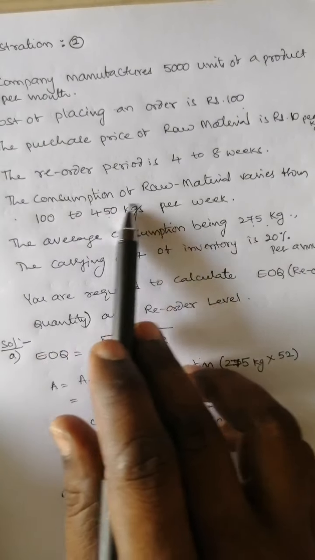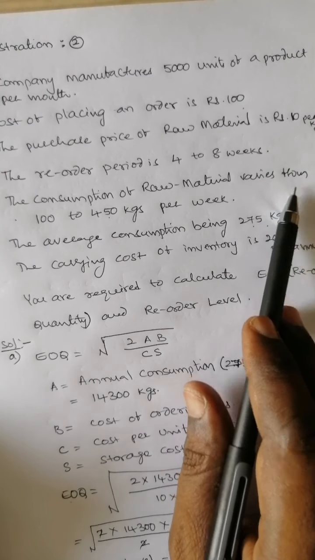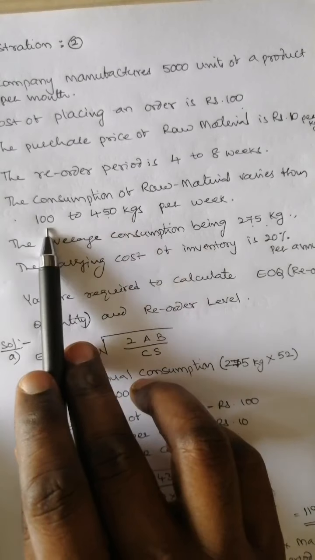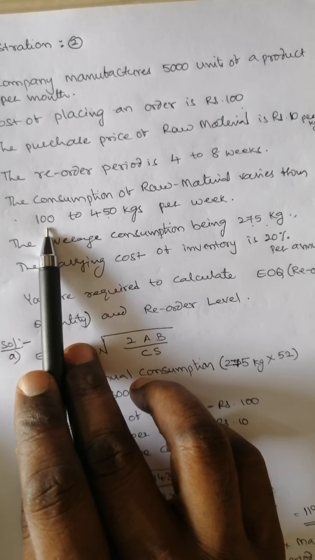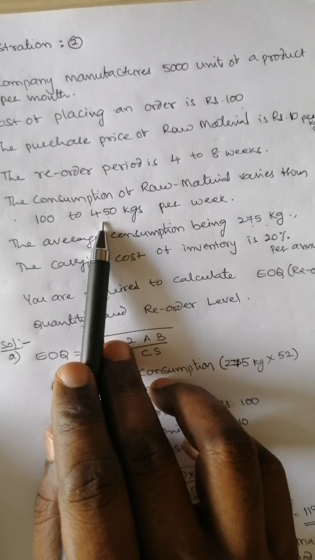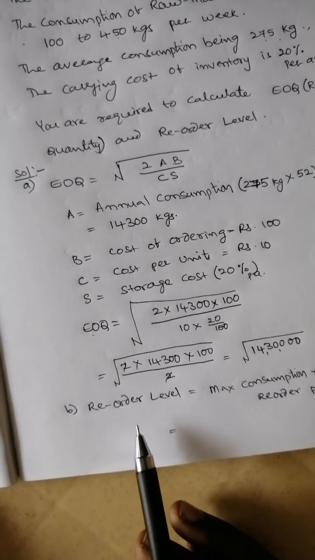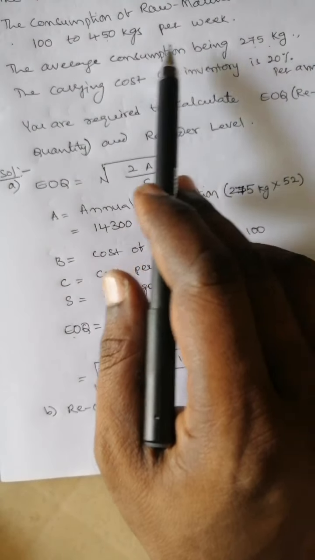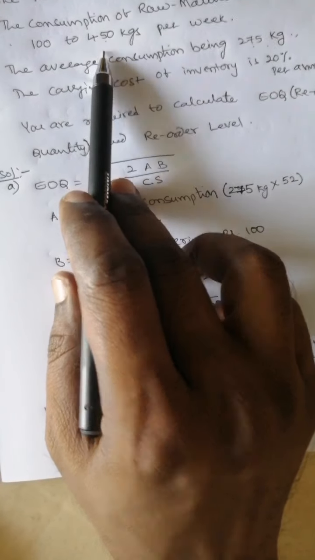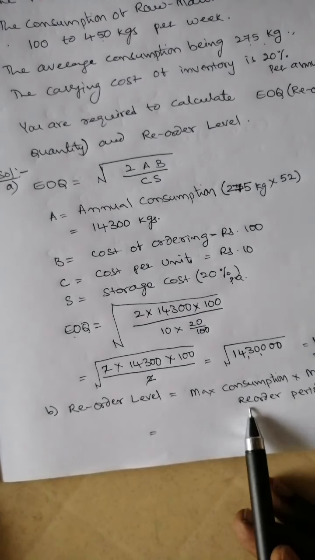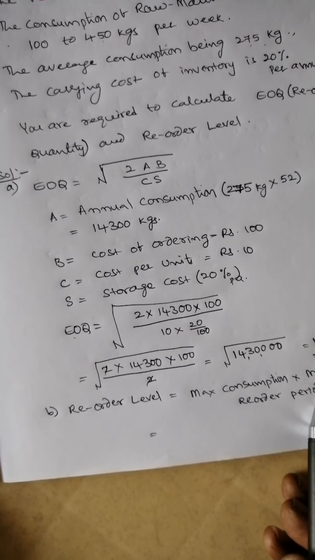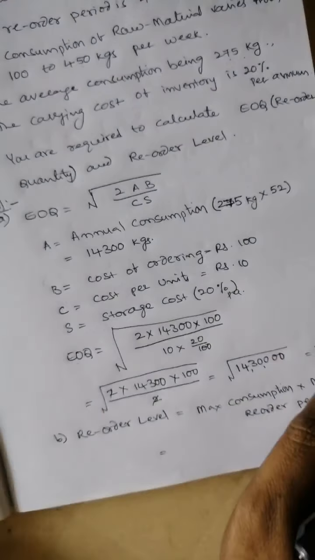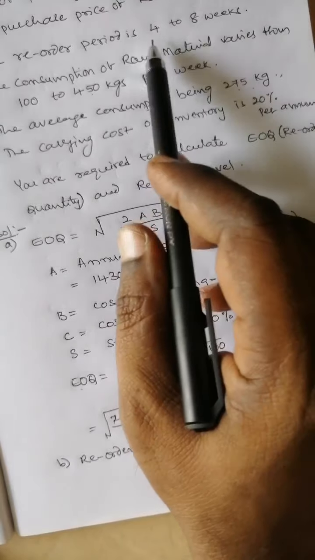Consumption of raw material varies from 100 to 450. Minimum consumption is how much? 100. Maximum consumption is how much? 450. So what we require while calculating the reorder level? We require maximum consumption, which is 450 kgs. At the same time, maximum reorder period. Reorder period is also varying between 4 and 8 weeks.